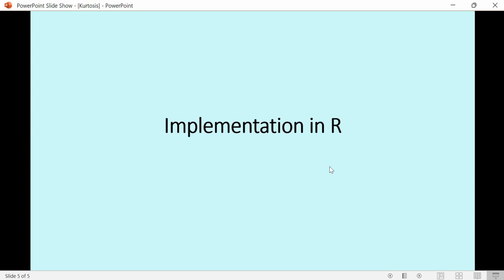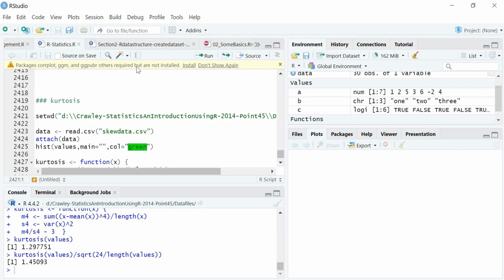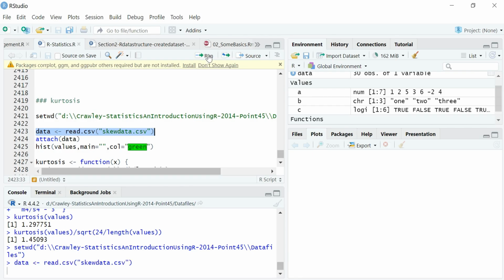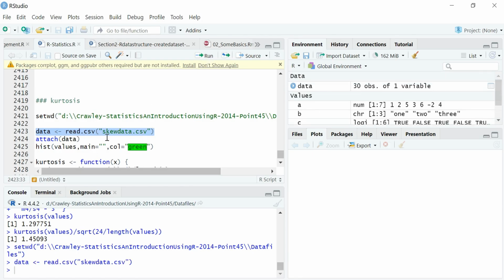So how to calculate kurtosis? We will use R programming. So we go to RStudio. First, we load a data set. We set a working directory and read a CSV file and put the data into a data frame called data.